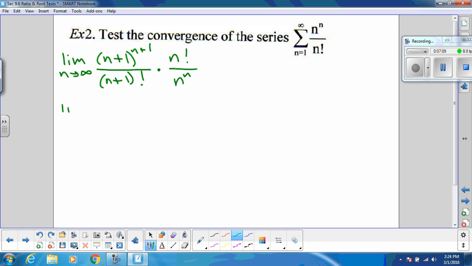So this would be the limit as n approaches infinity of, if we simplify the n plus 1 power, that's n plus 1 to the nth power times n plus 1 to the first power. And with my factorial, keep in mind that n plus 1 factorial is n plus 1 times n factorial.